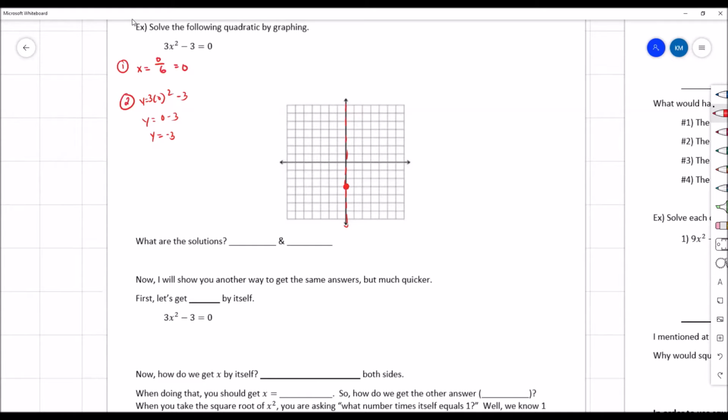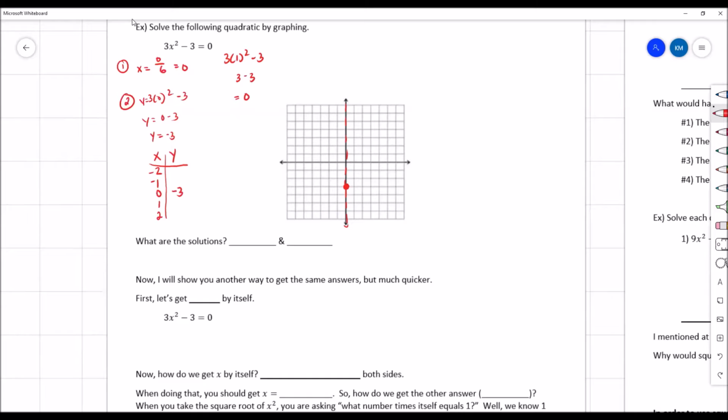From there we would make a table. x, y. In the middle of our table we put 0, negative 3, and then choose values around it: 1, 2, negative 1, negative 2, and then we plug those points in. So 3 times 1 squared minus 3, which is 3 minus 3, which is 0.